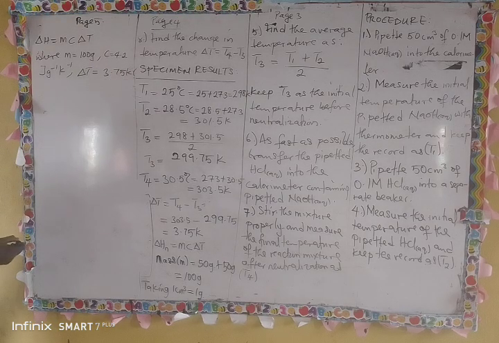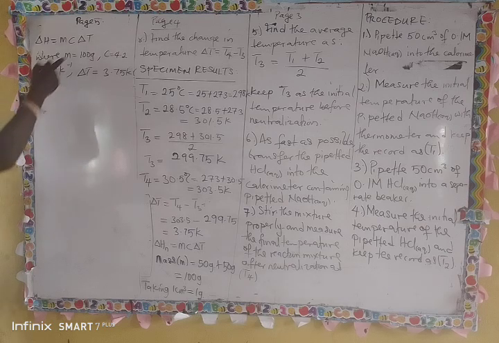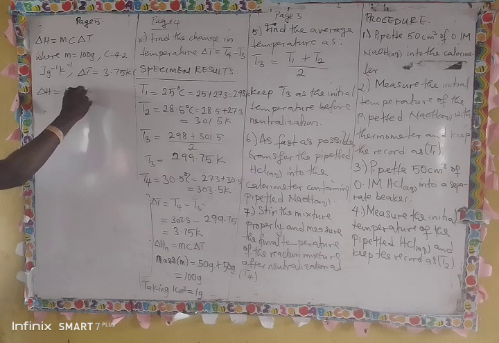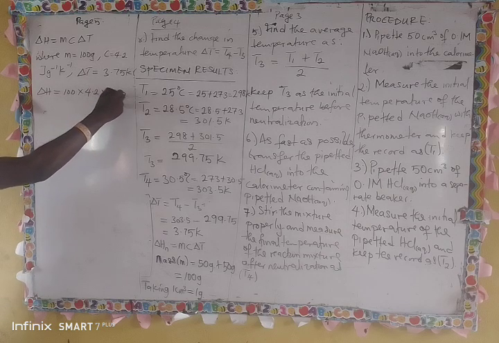We can now substitute into the formula. Our delta H is 100 times 4.2 times 3.75.